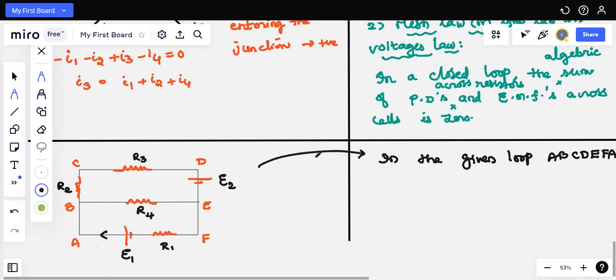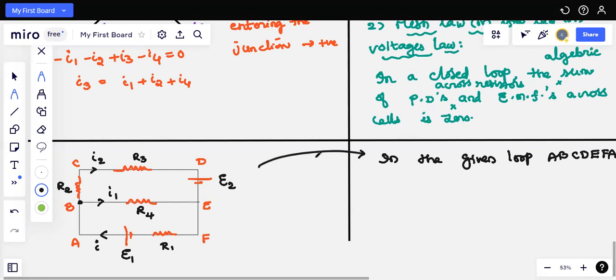Let the current be I. That current, without splitting, comes to the junction. At the junction, the current should be divided, as we discussed in the junction law. So suppose this is I1 and this is I2.